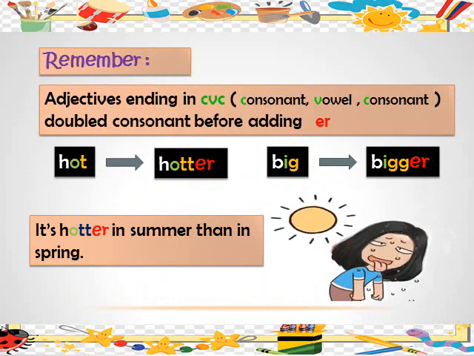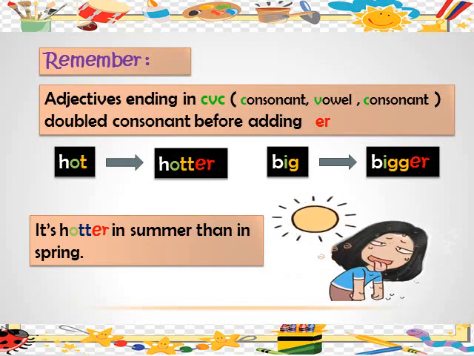Remember too, some adjectives ending in CVC. What's the meaning of CVC? CVC means consonant letter followed by vowel followed by another consonant letter. If you want to make it a comparison adjective, double the consonant before adding er. Let's see how. Look at the word hot.